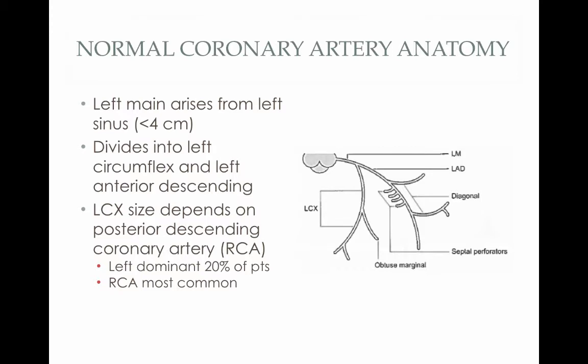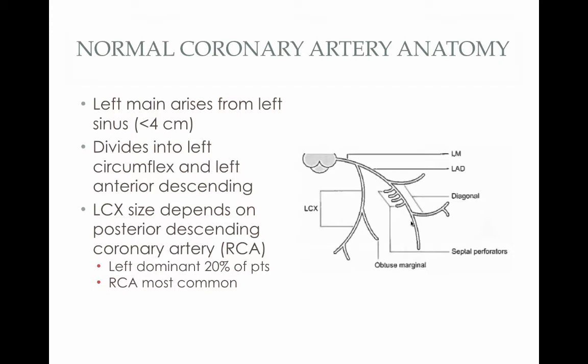And just looking at normal coronary artery anatomy, we can see that there's a left main that arises from the left sinus. All right, so here's our left main. It's approximately less than 4 centimeters long, and then it divides into the left circumflex and the left anterior descending.